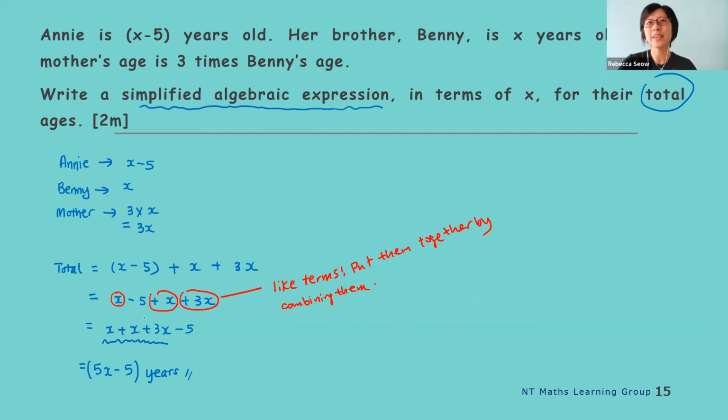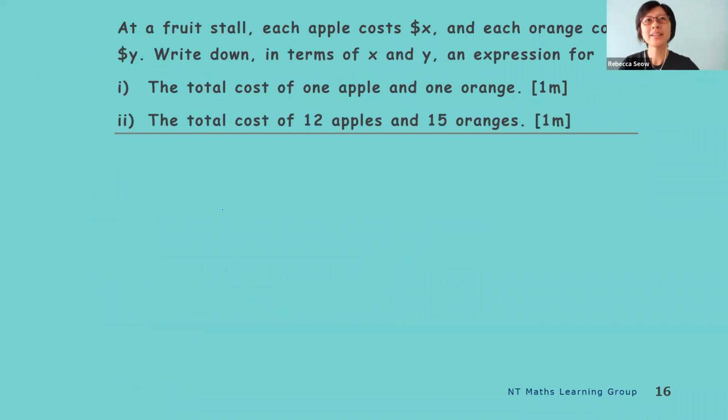Okay, I move on to the next one. At a fruit store, each apple costs x dollars, each orange costs y dollars. Now we want to write down in terms of x and y an expression for one apple and one orange. So let's put down what we have first. Each apple, each means how many? One, right?